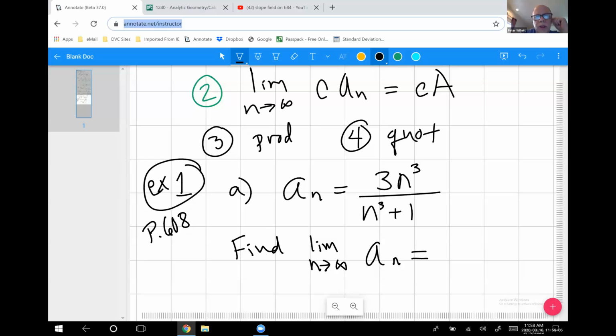Okay, so how about looking at this expression for a sub n, 3n cubed over n cubed plus 1. Could we evaluate that limit? What do you guys think? Questions, comments, discussions? Would it just be 3? It would.